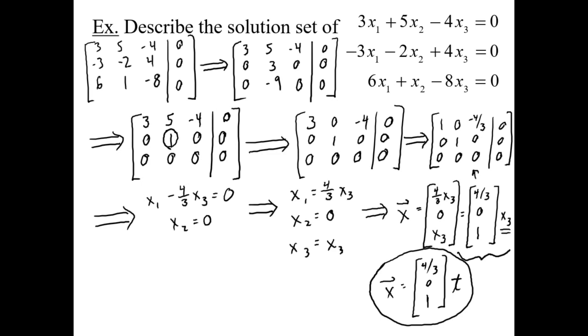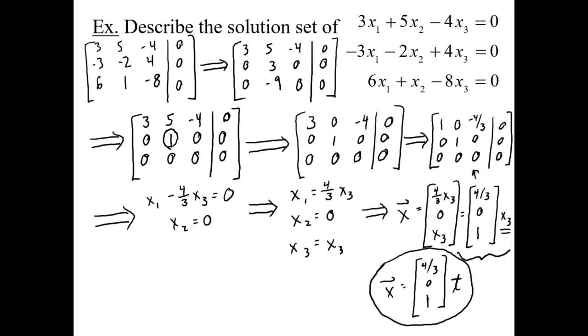But let's think about this also. Notice that every one of my solutions is some multiple of 4 thirds, 0, 1. Now think about that for a second. What do we get if we take a vector and multiply it by some scalar t? Well, the result is a new vector that's the same direction, just a different length.